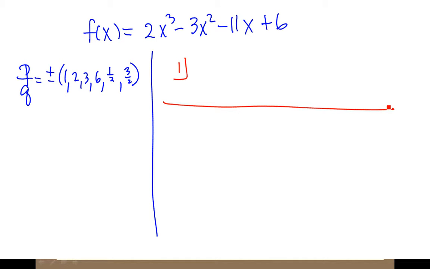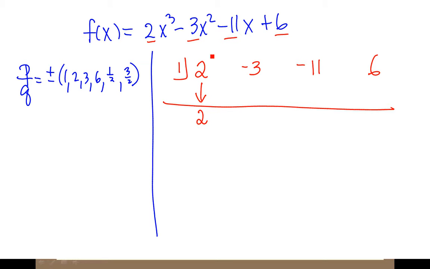And you're going to put all your coefficients, making sure that you have every term. If you do not have every term, then you will put a 0 in its place. So let's write 2, -3, -11, and 6. These are all the coefficients here. Always bring down the first number, 2.